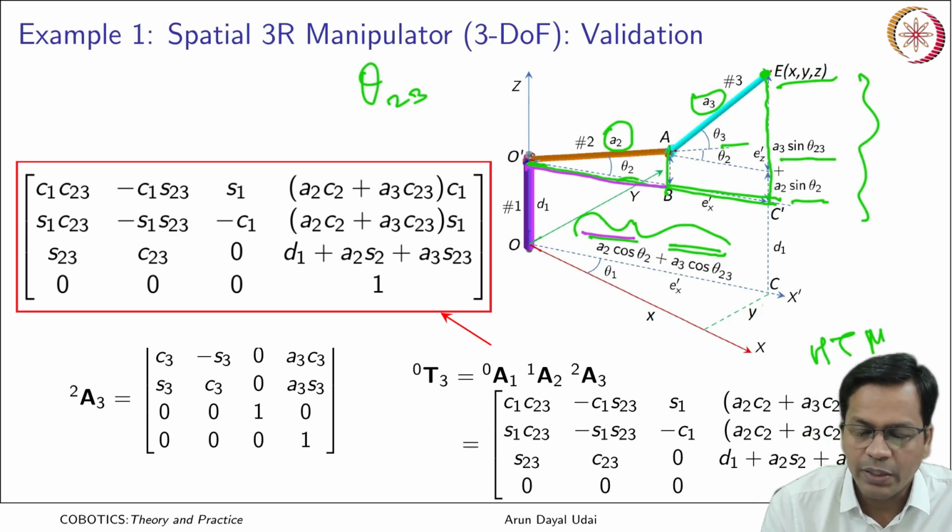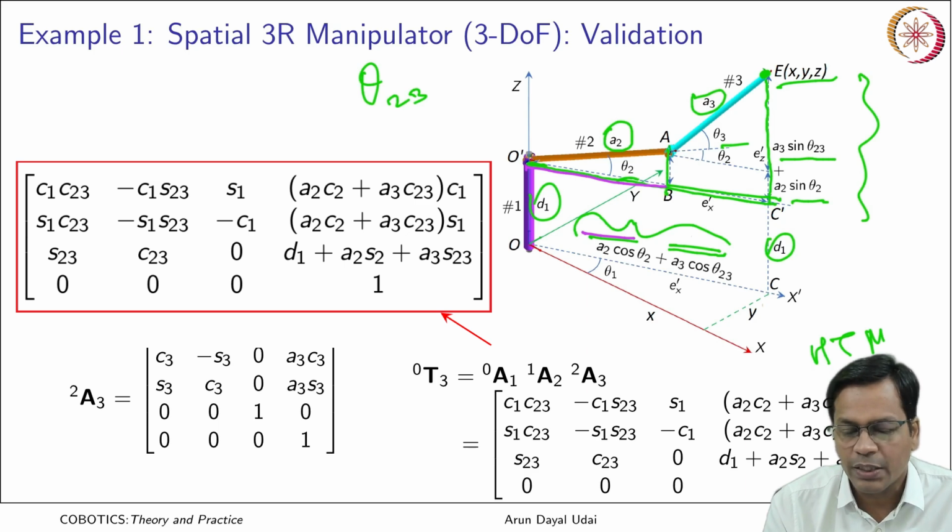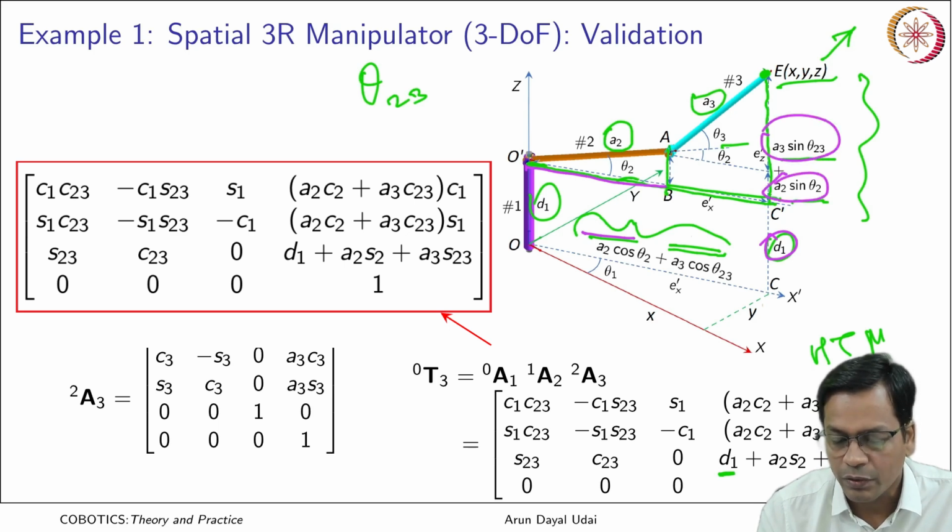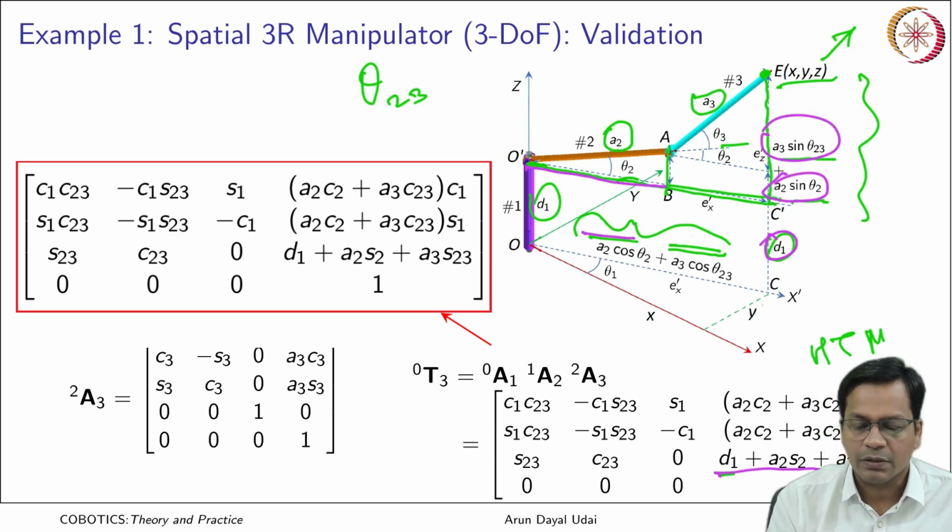Okay. So, that is quite trivial here. Now, this d1 is equal to d1. So, now you can quickly get at least the vertical distance, that is the z coordinate here. So you see it is available here, that is d1 plus this plus this. So overall you got till this. Got it? So that is validated.